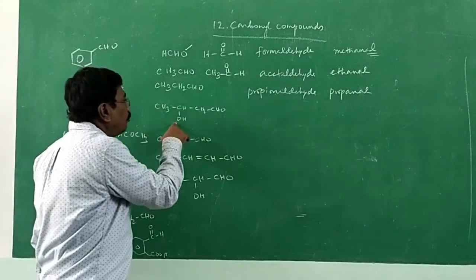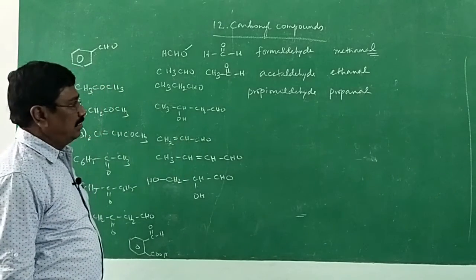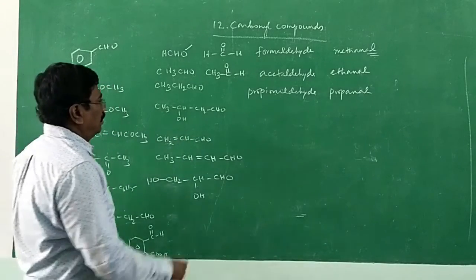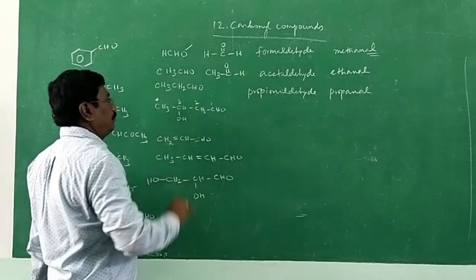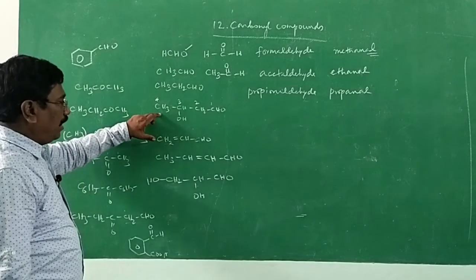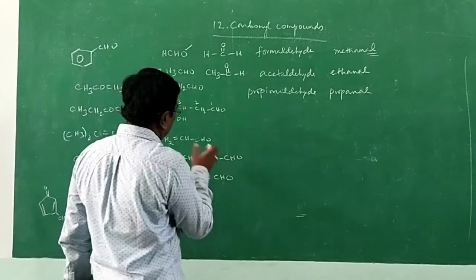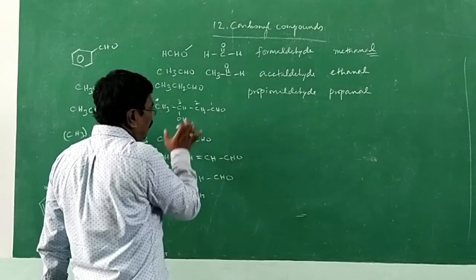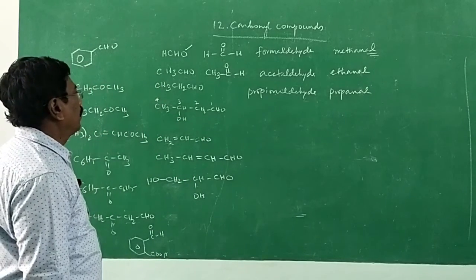Here we have a substituted aldehyde. We have one substitution, a hydroxy substituent. 1, 2, 3, 4. The common name is aldol because it is the combination of 2 aldehyde molecules. It is considered as aldol.